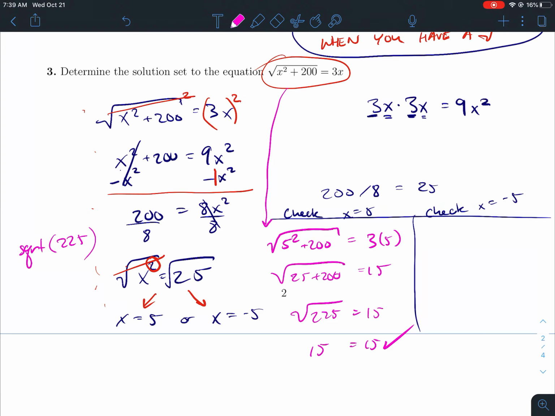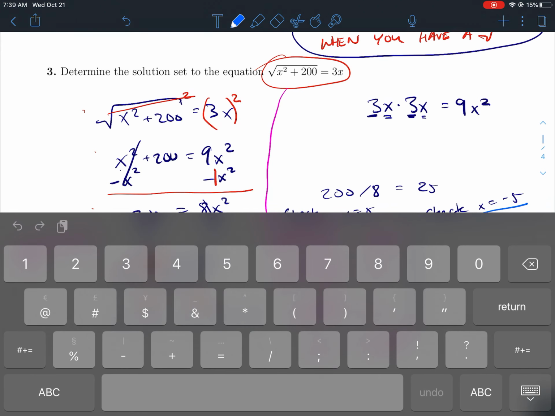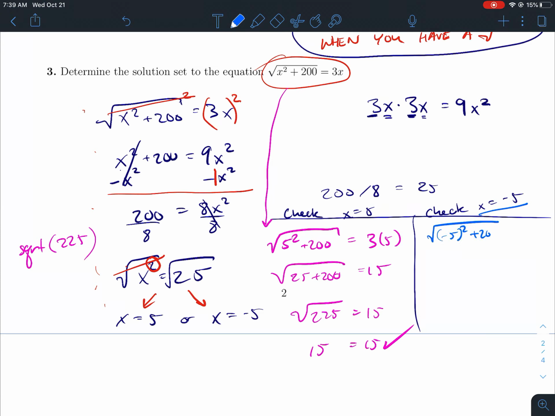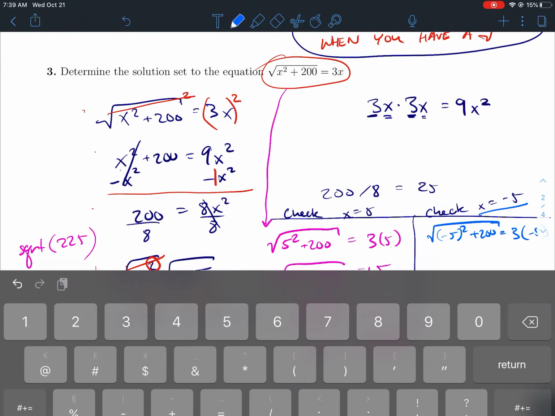Let's check the other one. Here we're plugging in negative 5 for both x's. So we get square root of negative 5 squared plus 200 is equal to 3 times negative 5. All right, well, negative 5 squared, oh my gosh.